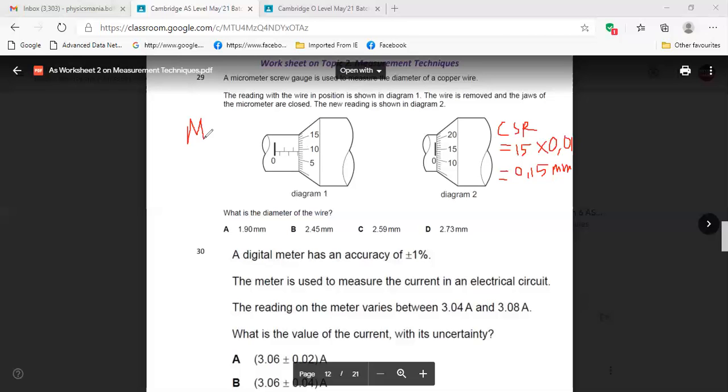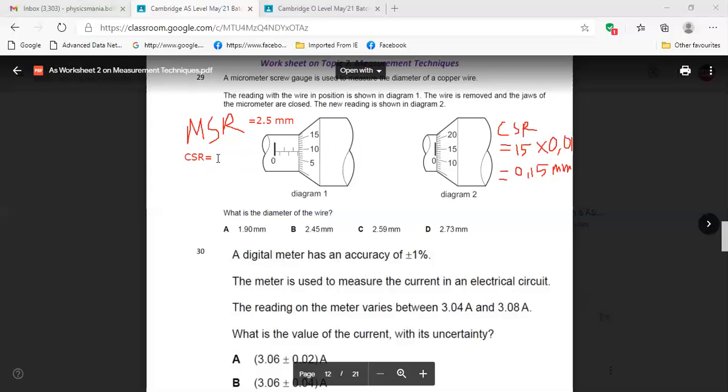We write here MSR, 2.5 millimeters. Then again we have here CSR. CSR equals how much here?